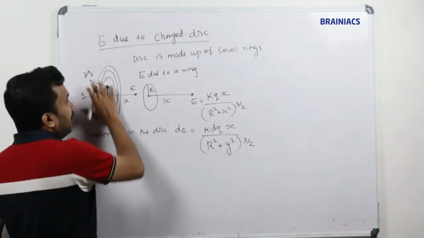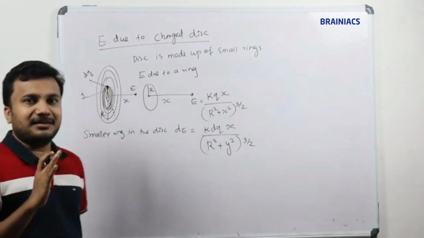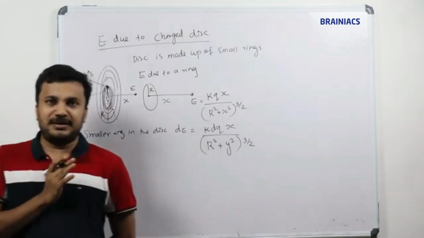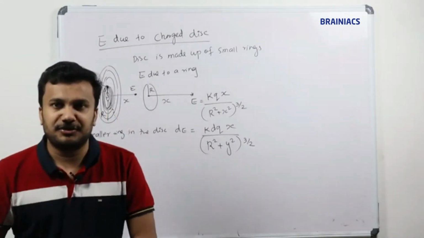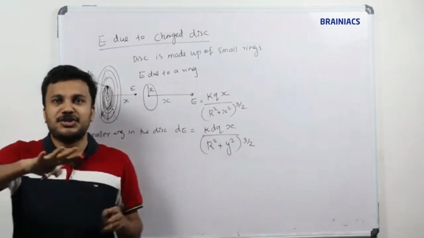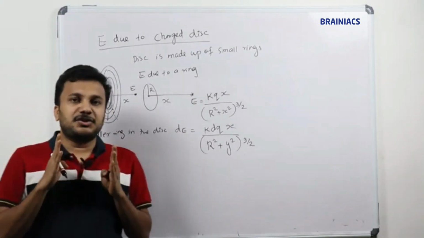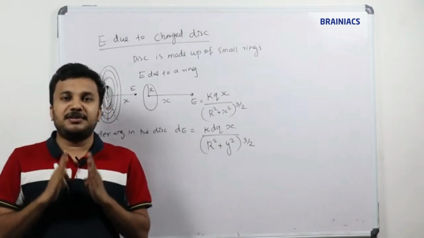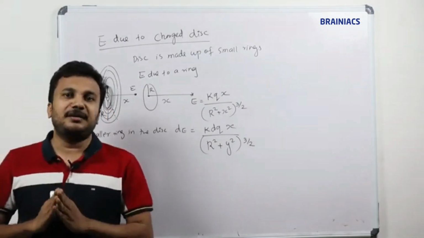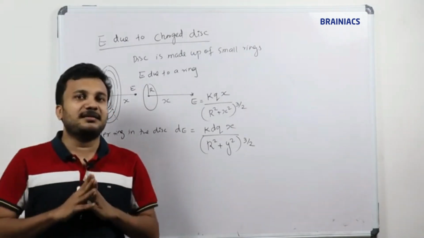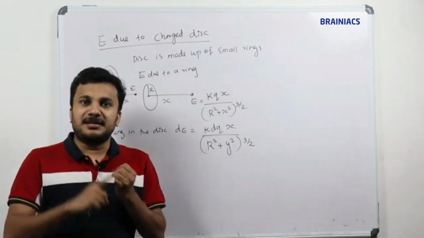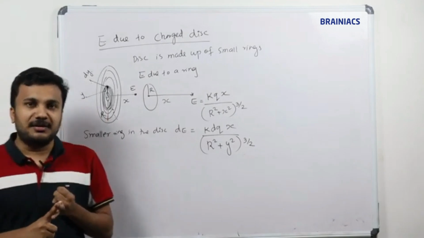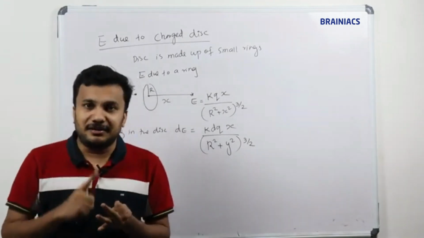Now this is a disk. First question to you: is a disk a two-dimensional or a three-dimensional structure? A disk is something like a sheet of paper, so it is a two-dimensional structure. Then we have three parameters related to charge: linear charge density lambda, surface charge density sigma, and volume charge density rho.